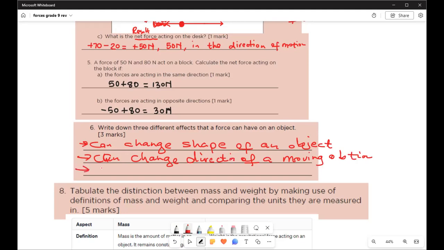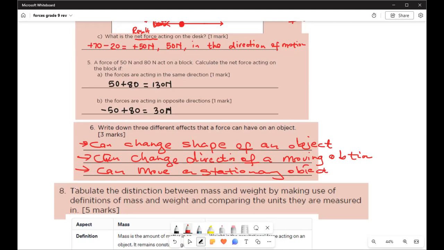And it can move a stationary object, right? And those are the 3 effects of a force.